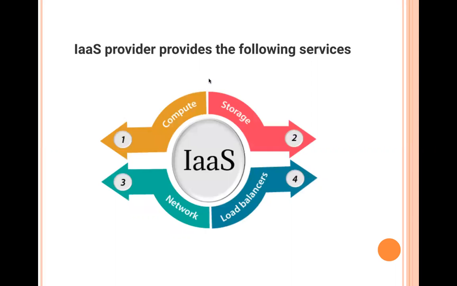So the IaaS service provider provides the following services. The first service is compute. As I told you earlier, compute provides virtual CPUs, virtual central processing units, and virtual main memory for the virtual machine.